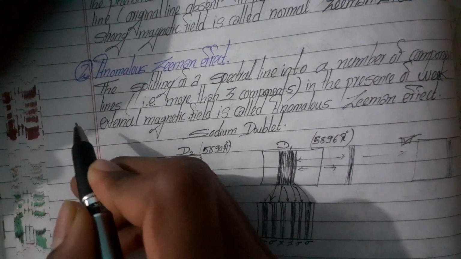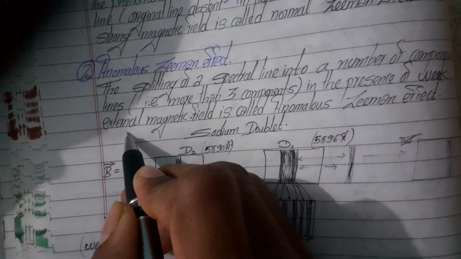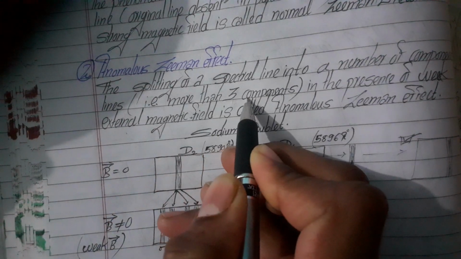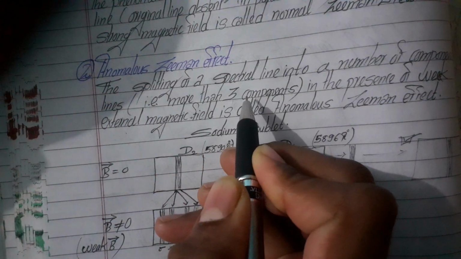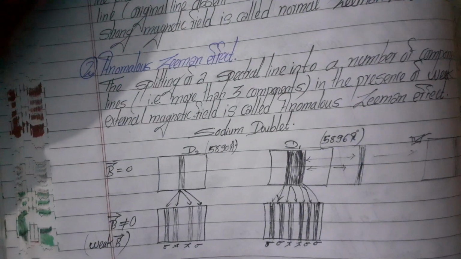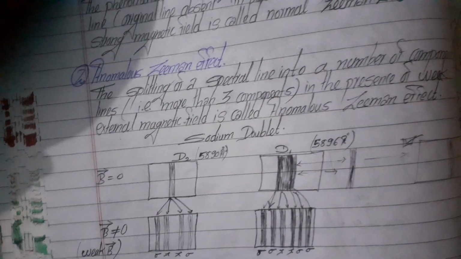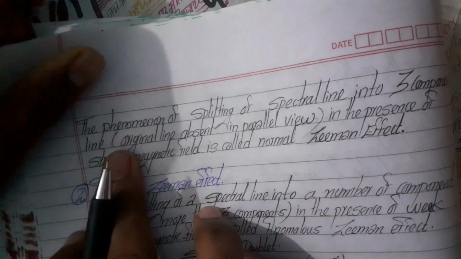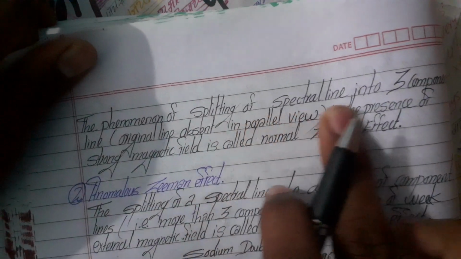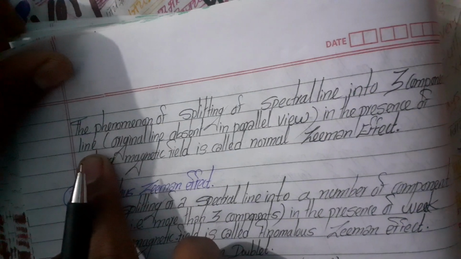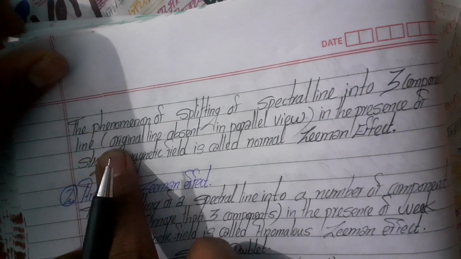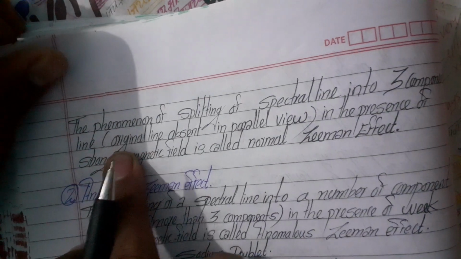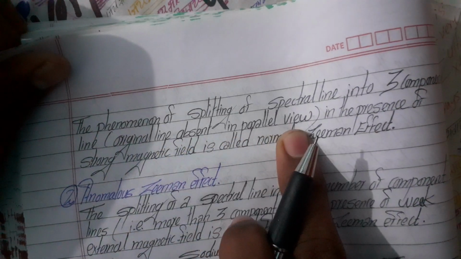But in the normal Zeeman effect there is a strong magnetic field and the number of components is only 3. Here is the definition of normal Zeeman effect: the phenomenon of splitting of a spectral line into three component lights, including the original line, and the original line is absent in the parallel view.